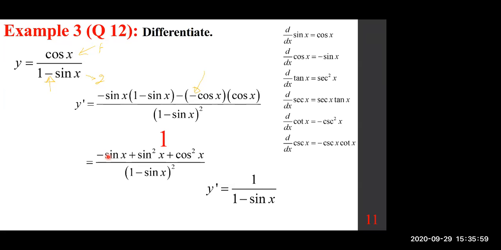One of them goes away fast. Simple. We are repeating the same concept we learned in the previous section as far as the quotient rule and the product rule is concerned, but we are applying it to trigonometric functions.